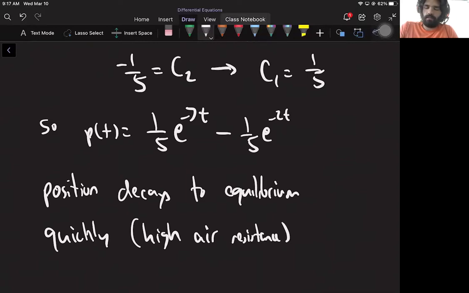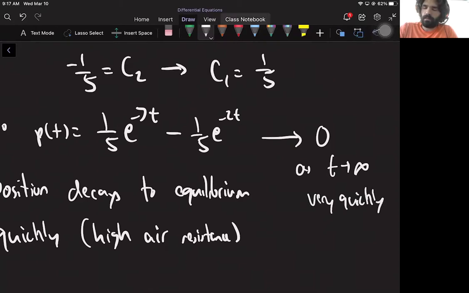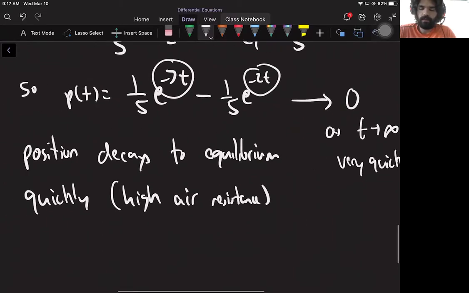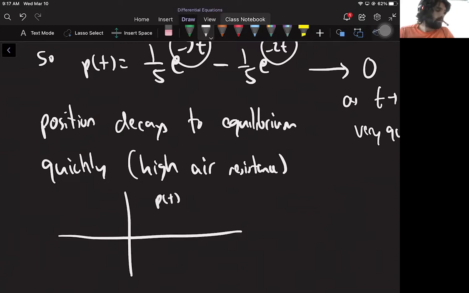And that's exactly what the position function is saying, because this goes towards 0 as time goes on forever, but it does it very quickly. So these powers are negative, so they rapidly go towards 0 because they're exponential when time goes on. And so the graph of the position function will look something like this.